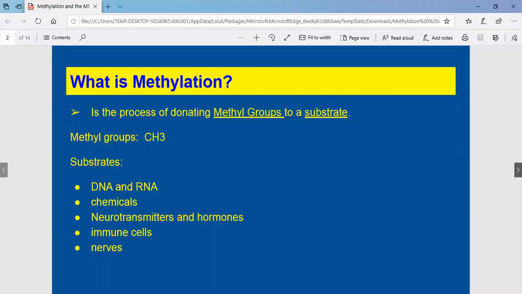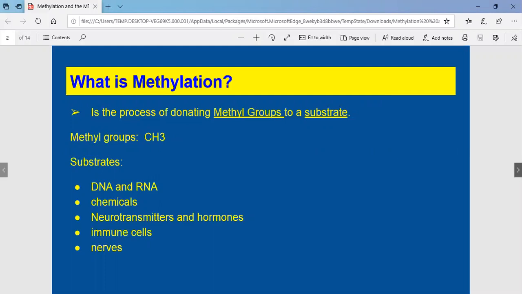It will donate to your body tissues in order to detoxify the body, in order to make neurotransmitters, in order to balance your hormones, improve your immune system, help the nerve cells. So it sounds very simple, but just having this CH3, which we call methyl groups, is so important for so many functions in the cell and in our body.